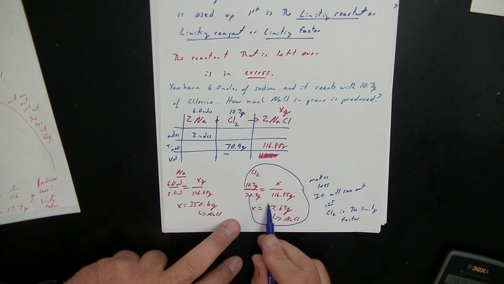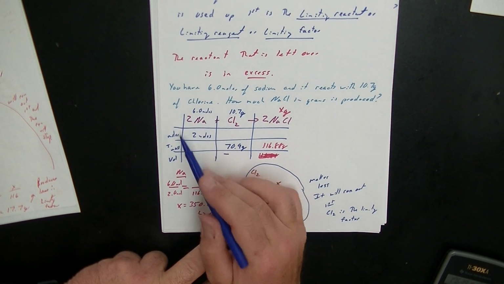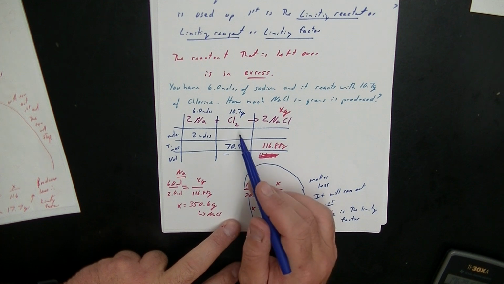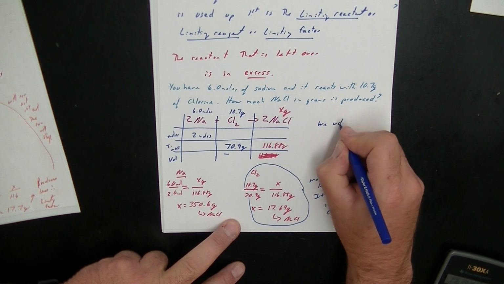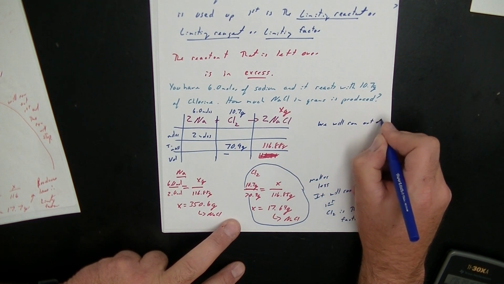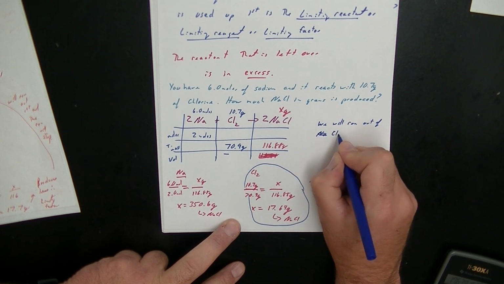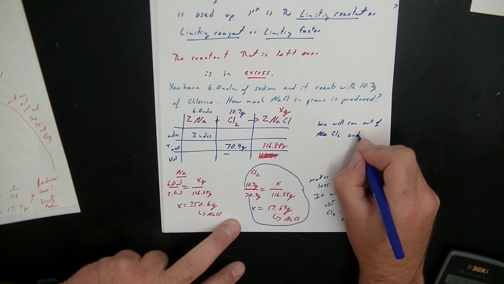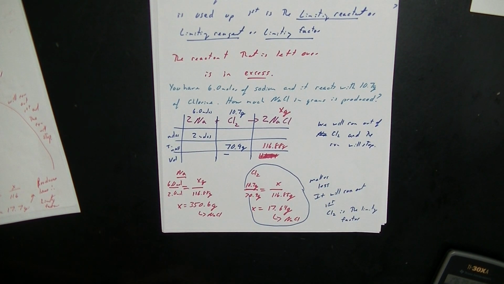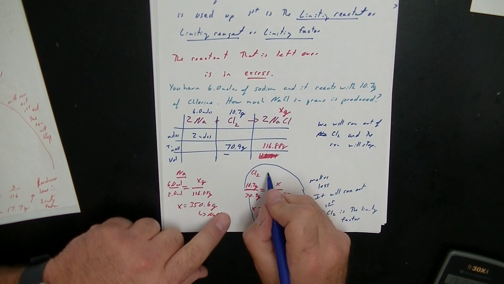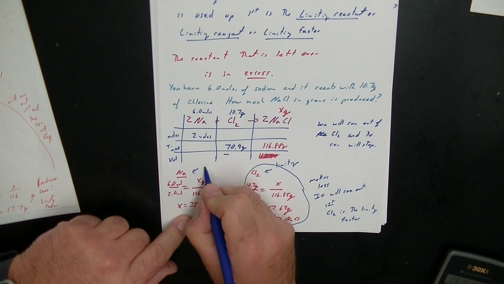This is the most I could make. In other words, I'm going to have extra Na left because there won't be any more Cl2 to react with it. We will run out of Cl2 and the reaction will stop. So the Cl2 is the limiting reagent, and the Na is in excess.